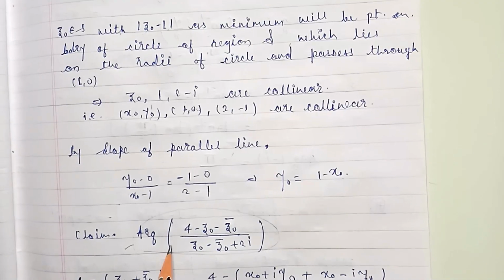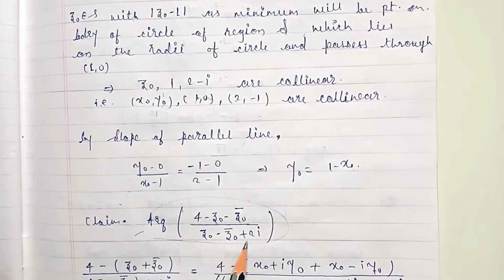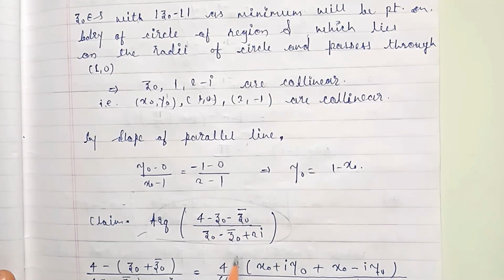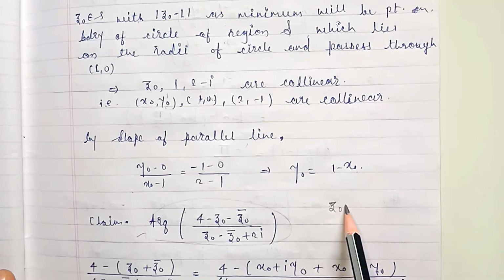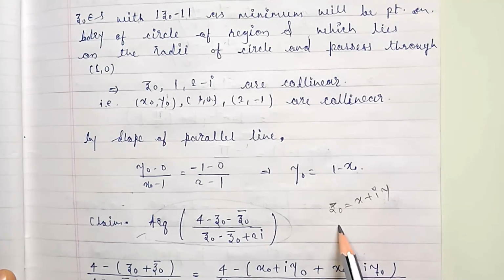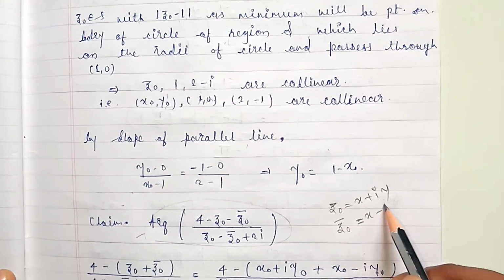So now the claim: we want the argument of (4 minus z naught minus z naught bar) upon (z naught minus z naught bar plus 2i). Okay, now z naught I can write as x plus iy. If z naught is x plus iy, the conjugate of z naught, that means z naught bar, can be written as x minus iy.